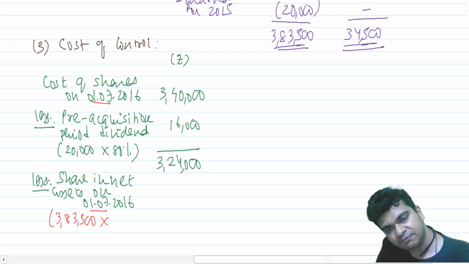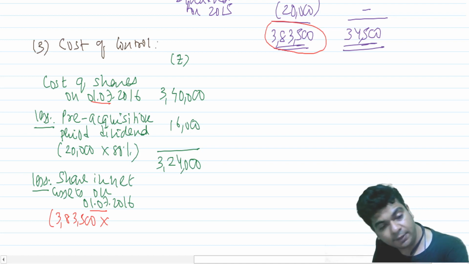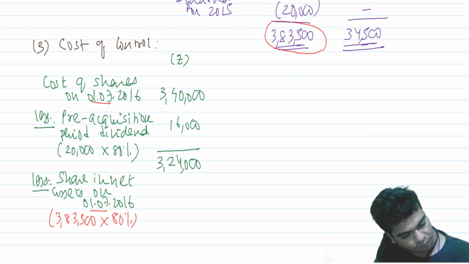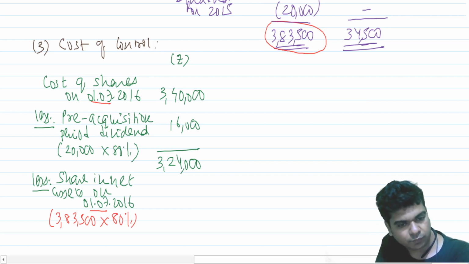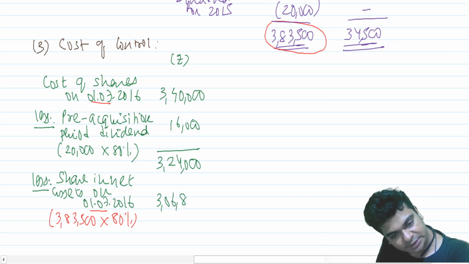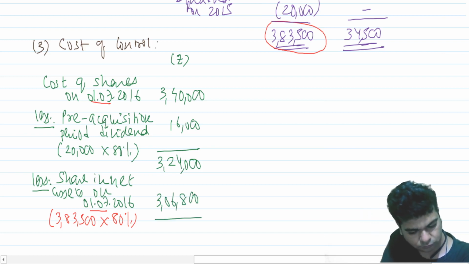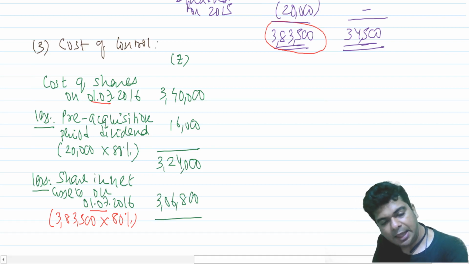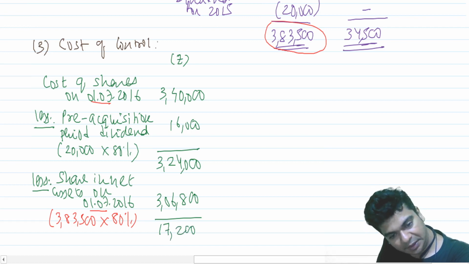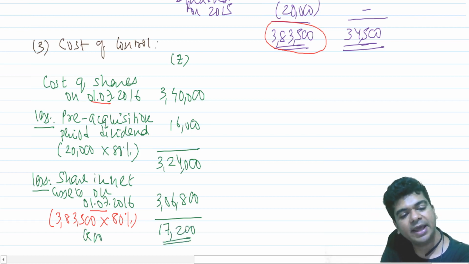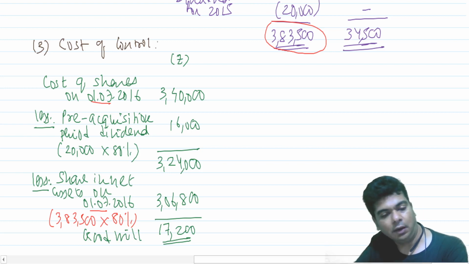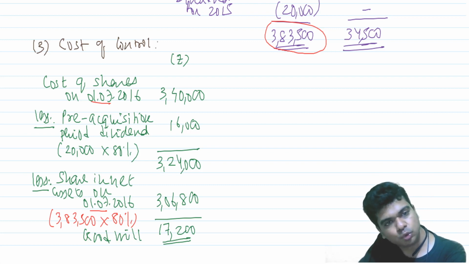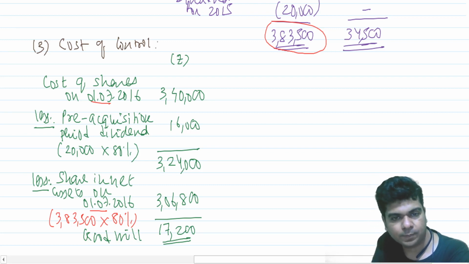Here it is, right? This figure that we have already calculated, it is on 1st July, into 80%. 3,06,800. I'm getting 17,200. We paid 17,200 extra, goodwill.